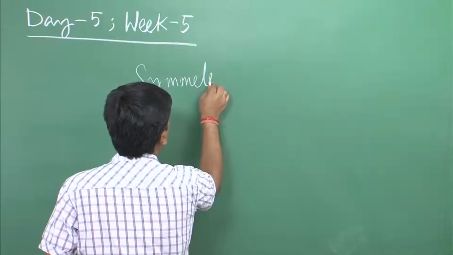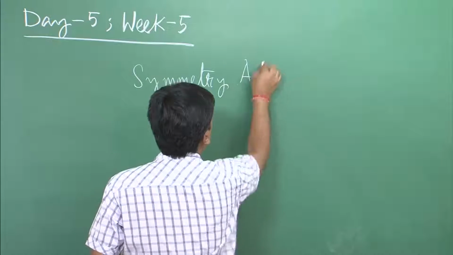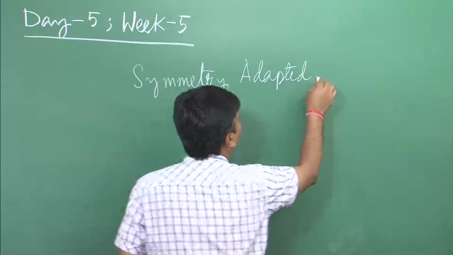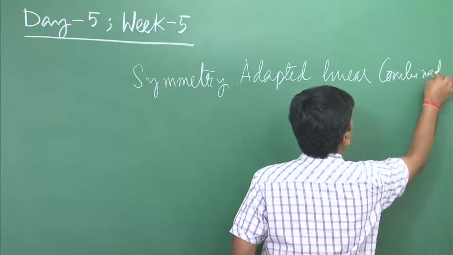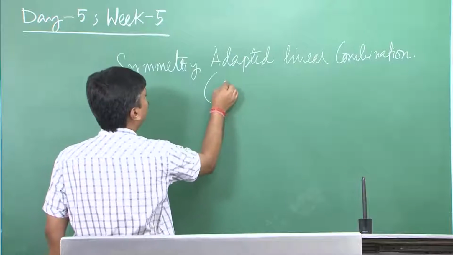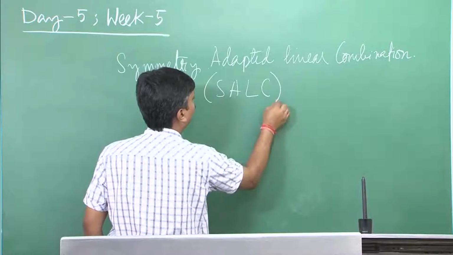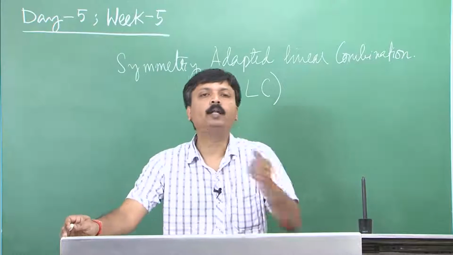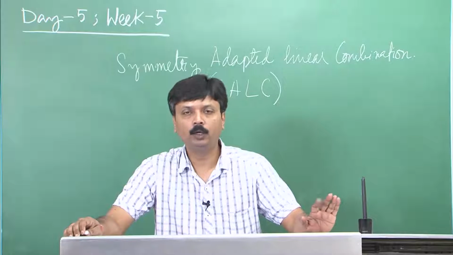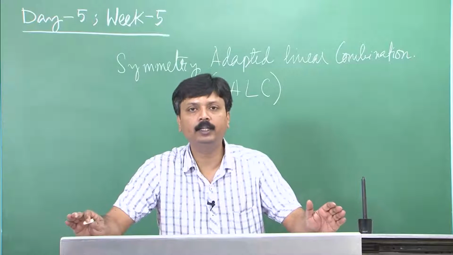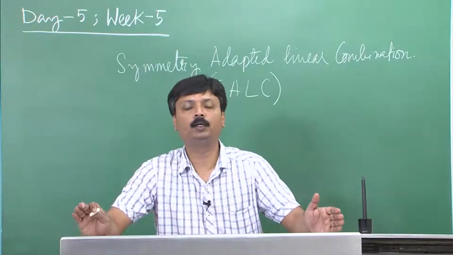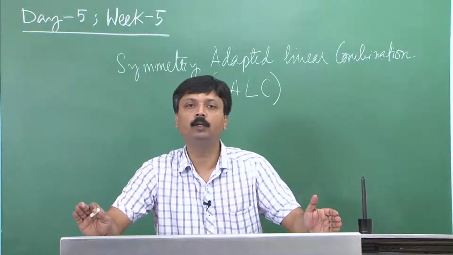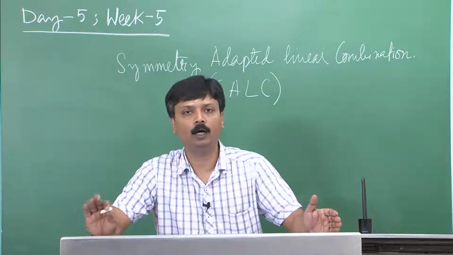So how can one find out which orbitals will be able to combine in a linear fashion, keeping the symmetry constraints, to give a proper basis for a particular irreducible representation of the particular point group to which our concerned molecule belongs?